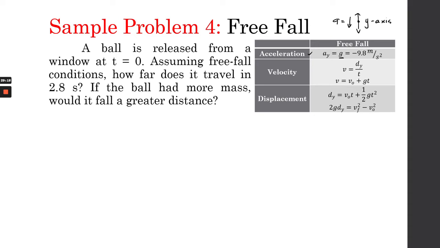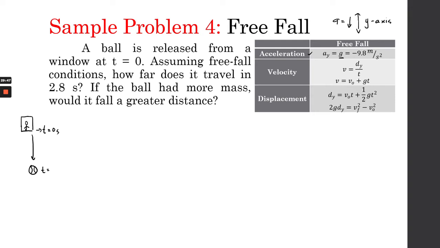Okay, so let's try and draw this. We have a window right here, and let's have someone here, and they drop a ball. They drop a ball from a window, and the time they drop it is basically t equals 0.